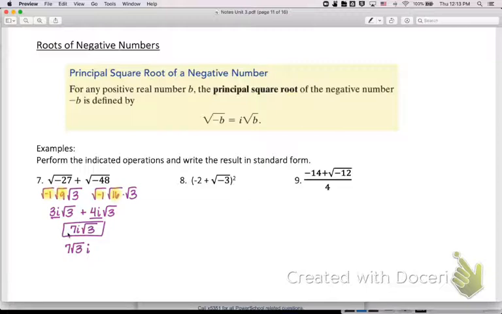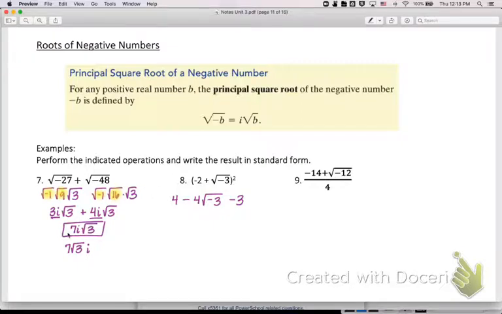Okay. Number 8, we are squaring a binomial, so it's the same process as what we've done before. Square the first, negative 2 squared is 4. Square the last, that's going to cancel out the square root, so we're just left with negative 3. Multiply and double, we're going to get minus 4 square root of negative 3.